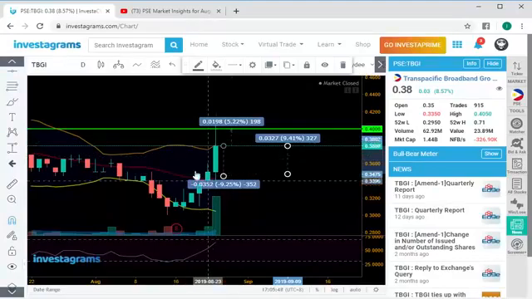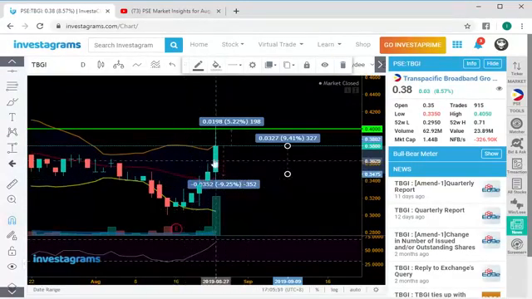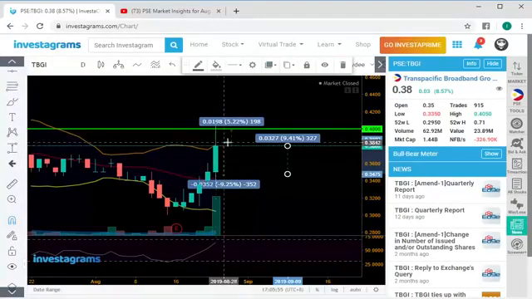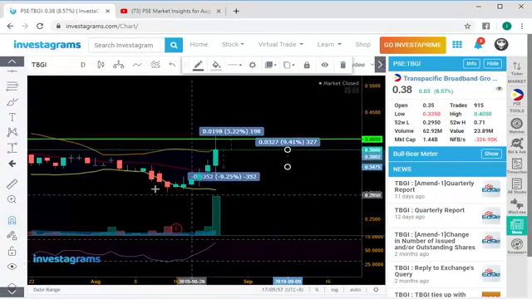Okay, so if you can wait for it to retrace because it has already been moving up in the past 4, 5, 6 days. So I'm sure this stock will eventually rest.